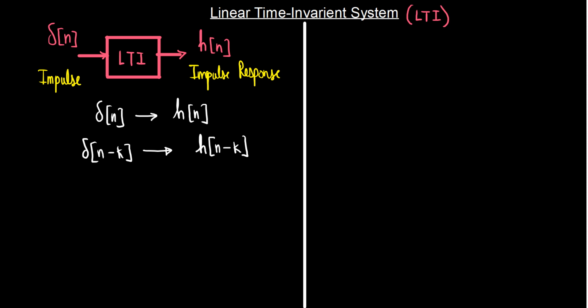The k here is the amount of shift that we apply to the input. So the output must also get shifted by the same amount. Now this we have obtained by imposing the condition of time invariance, because we know that the system is time invariant.